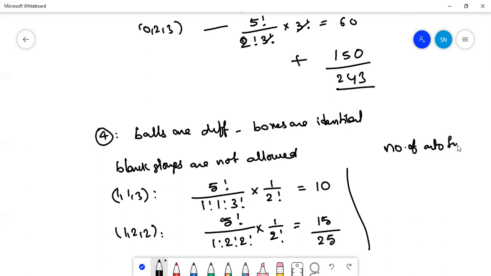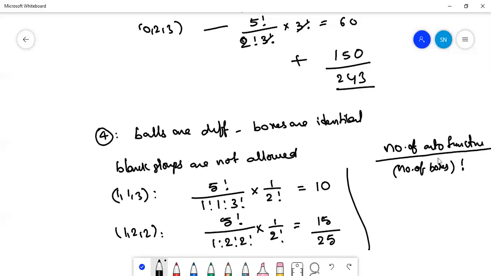Here it is the number of onto functions divided by the number of boxes factorial, because there is no arrangement.